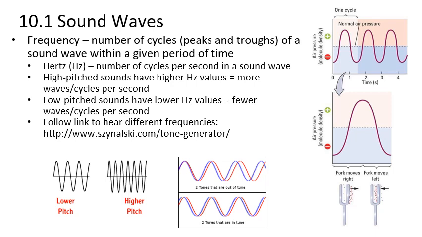So the red musician is playing a slightly lower pitch. It's a slightly longer sound wave, right? A little bit more space between the sound waves. And once the 2 musicians are able to match the frequency or match the cycles of their sound waves, they're now in tune. They're playing the same note now.